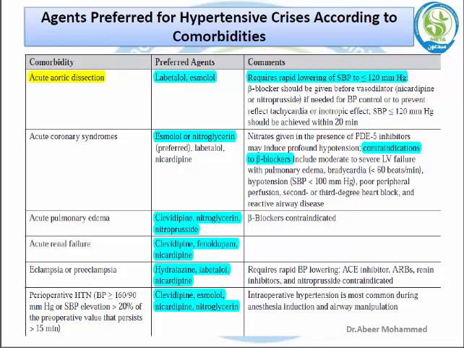In case of eclampsia or preeclampsia, which is hypertension in pregnancy that comes in emergency cases mainly in the late trimester, usually we use labetalol, hydralazine or nicardipine.